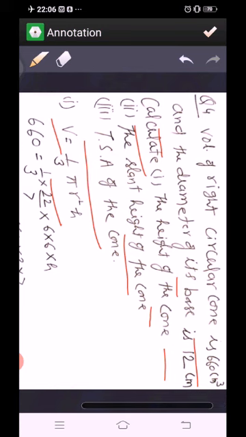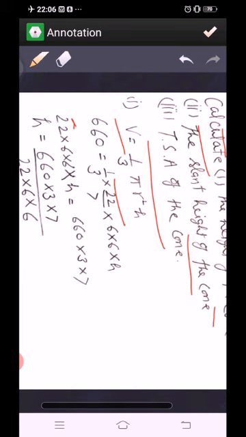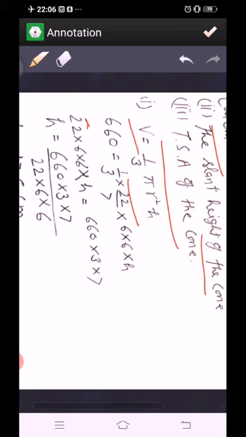Here radius is given and volume is given, so we can apply volume equal to 1 by 3 pi r square h. Volume given 660, 1 by 3, value of pi is not given, so we will take 22 upon 7. R square, that is radius square, 6 into 6 into h.